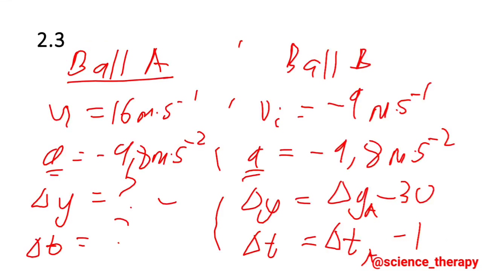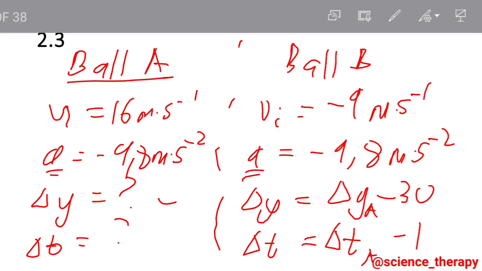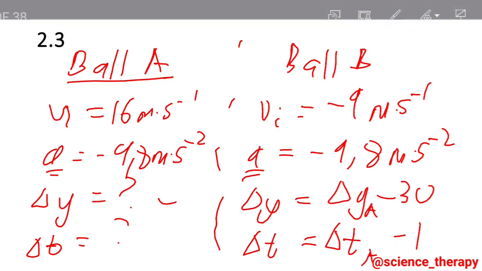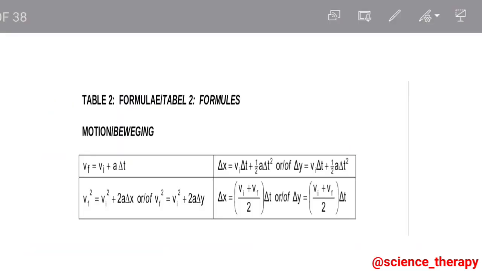Let's start by calculating for ball A. So we want to create an equation for ball A and create an equation for ball B. But first, let's see what formula we can use having all the data that we have here. Now we can see that we are looking for a formula without VF because we are not told of any VF here.